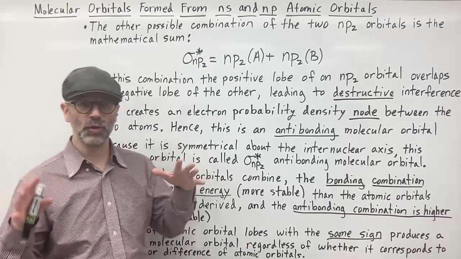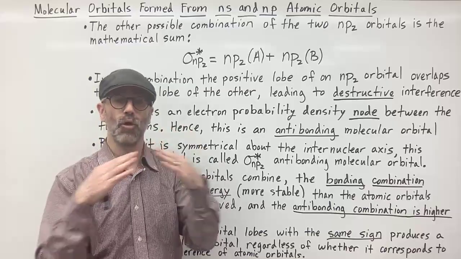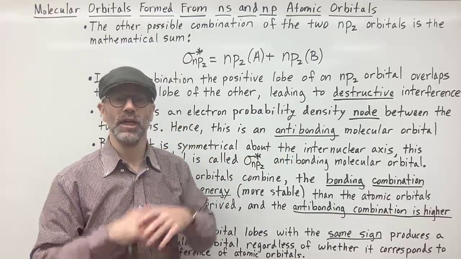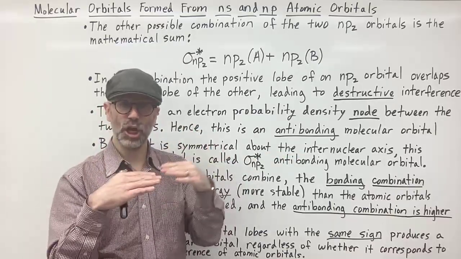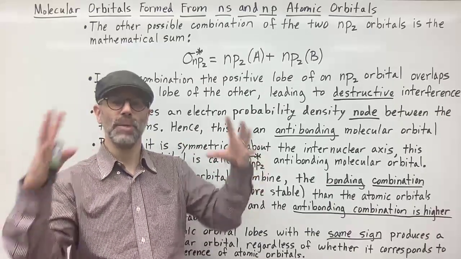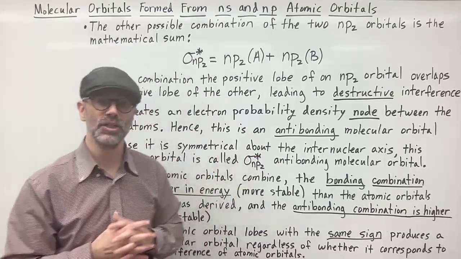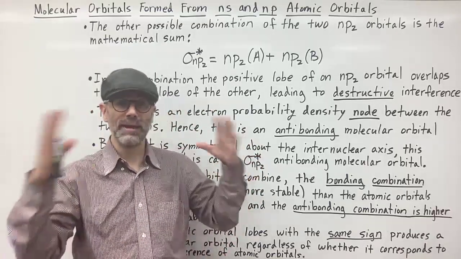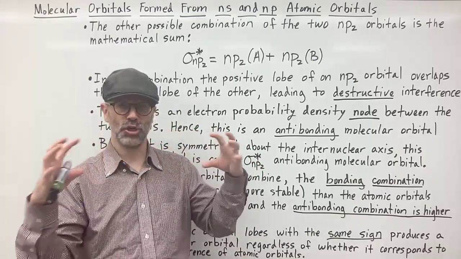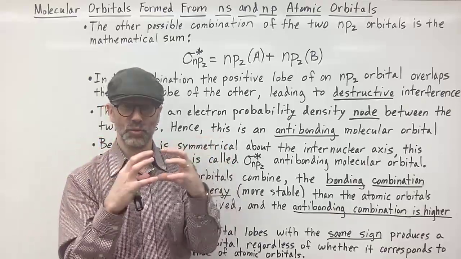So when you're talking about water waves, when they destructively interfere, they cancel out, and therefore you get no wave in a lot of respects. So they cancel out, and then you don't see a wave in the water at that particular juncture, right? When they constructively interfere, then they're going to build each other up, and you get a larger wave. So before, when we had constructive interference with the wave functions, positive with positive, you got a larger electron probability density between the nuclei.